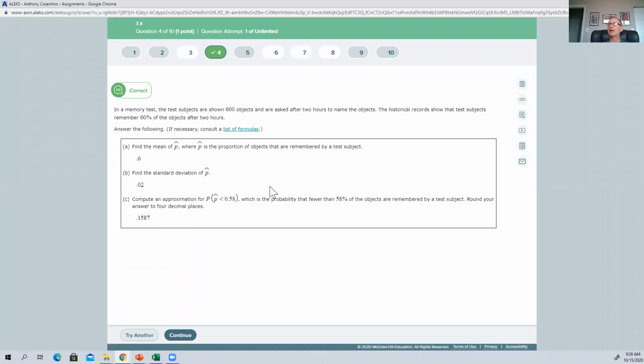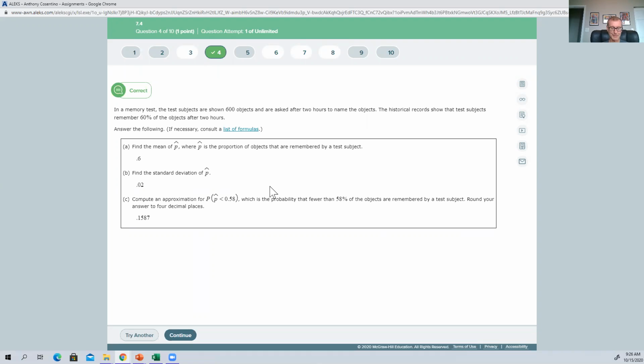So here it doesn't ask you to do the rule of thumb calculation, but you can see that 600 objects is big, right? So if you do 600 times 0.6, that would be way more than 10. If I get my calculator out, that would be 360, so way more than 10. And then 1 minus 0.6 is 0.4.